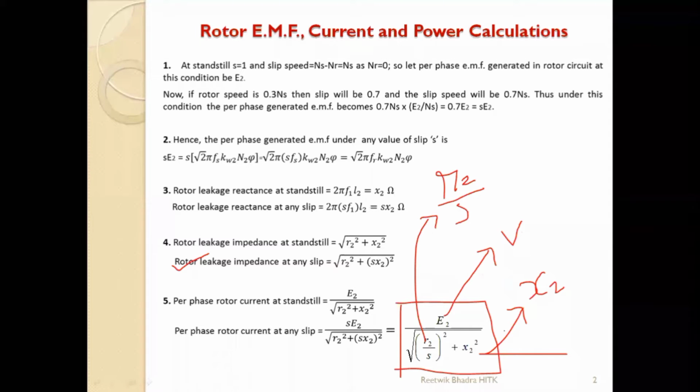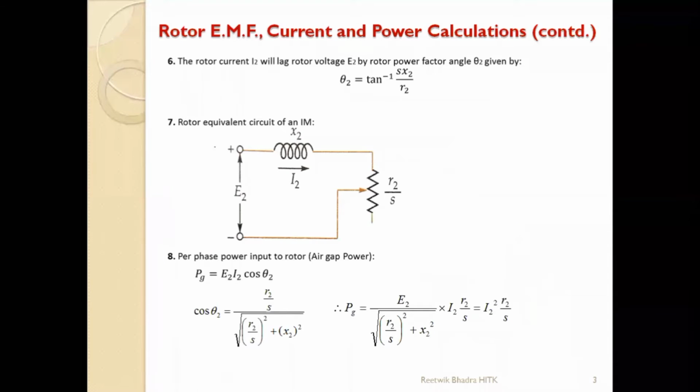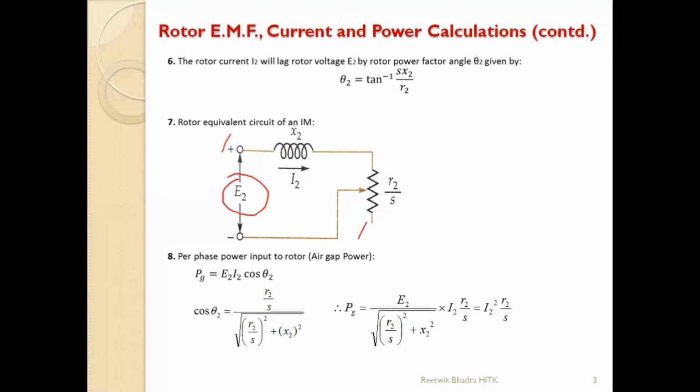So I'll make a series circuit which will consist of a voltage source of magnitude E2 in series with your X2 in series with your R2 by S. So that is my next point. You see number 7, I'll go to number 6 later. So there is a voltage E2, an inductor X2, and a resistor R2 by S.